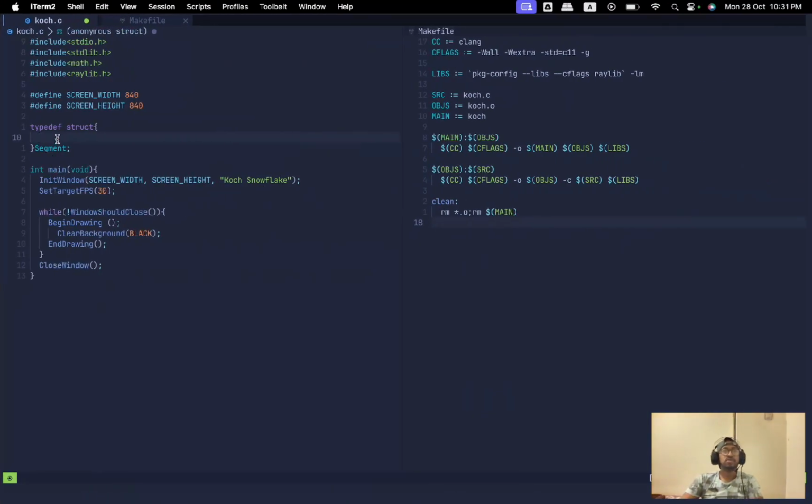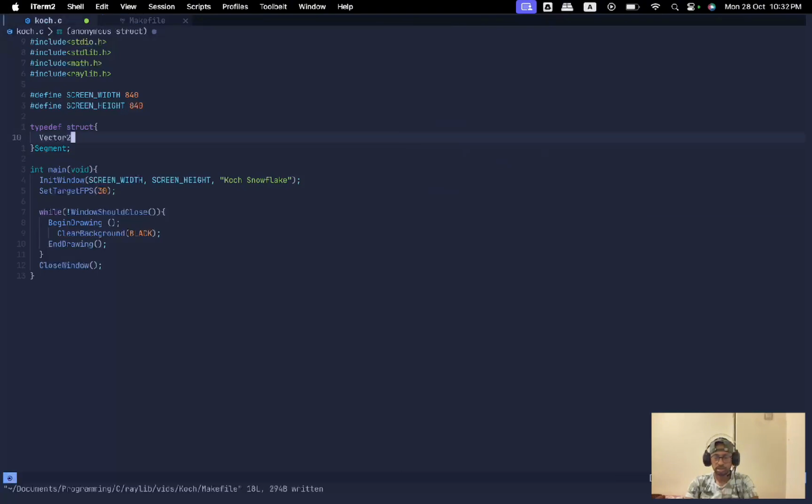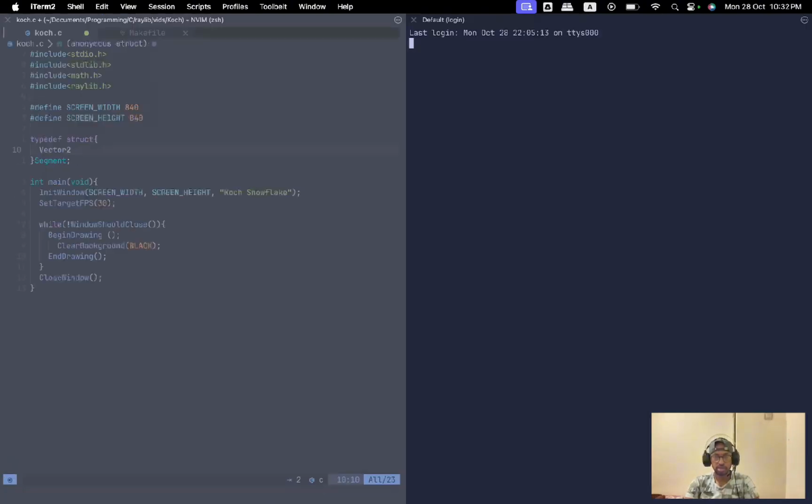So in Raylib we already have a type, it's called Vector2 type. So Vector2 type will hold, let me close this. I think it's in opt.